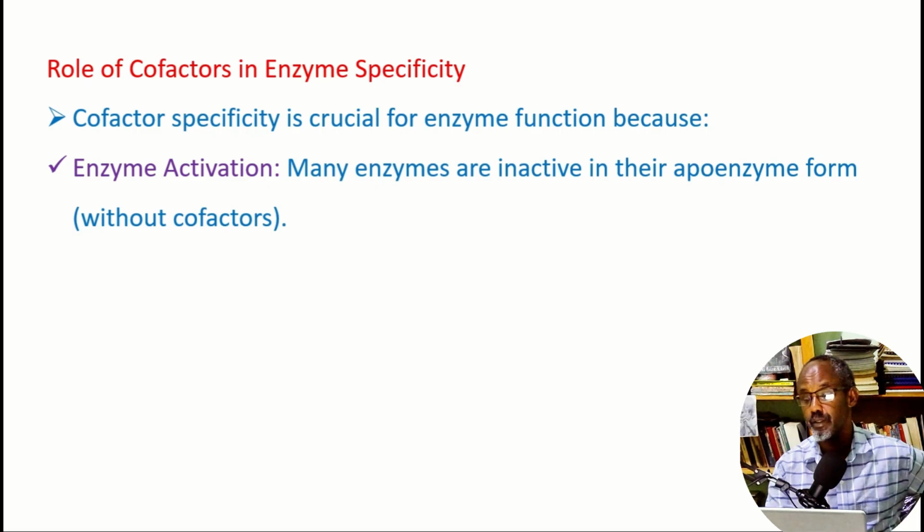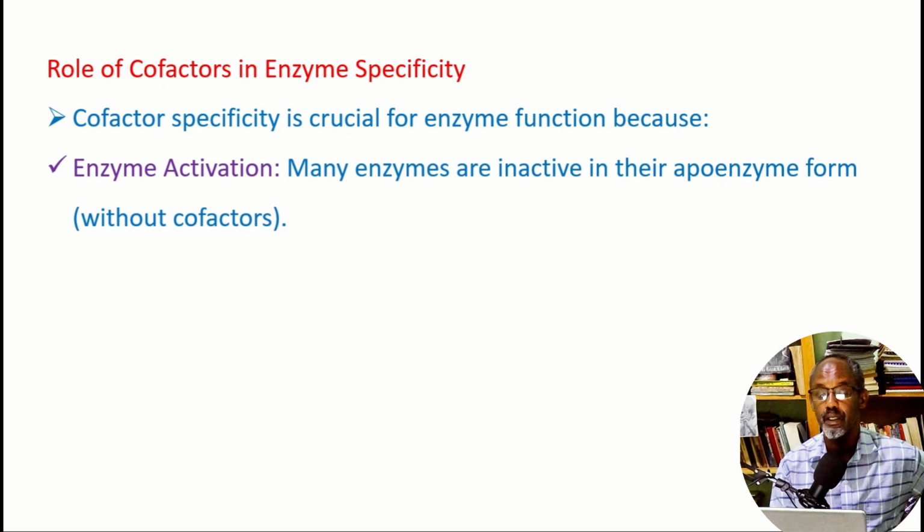As far as we are talking about cofactors, we are talking about holoenzymes or conjugated enzymes, which contain apoenzyme, the protein part, and non-protein part, cofactor. Therefore, many enzymes are inactive in their apoenzyme, pure enzyme form, without cofactor. You see?